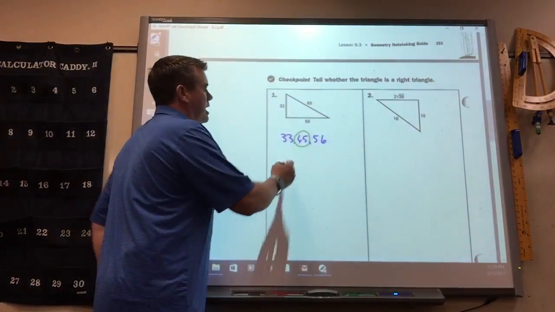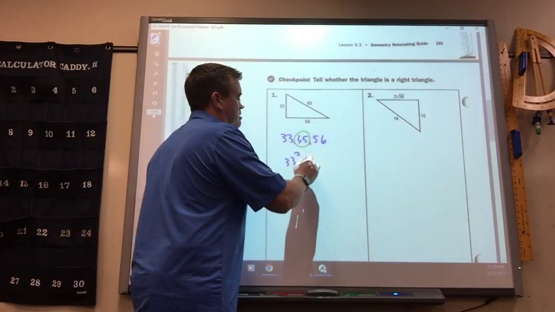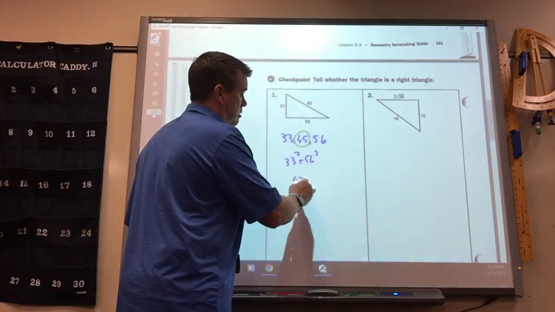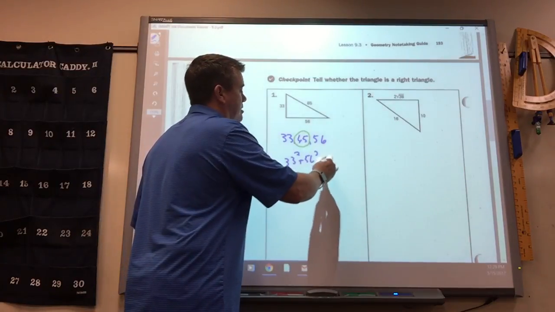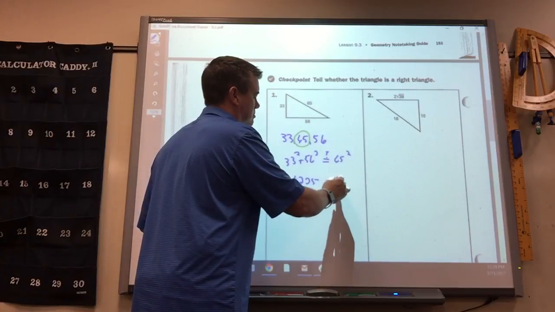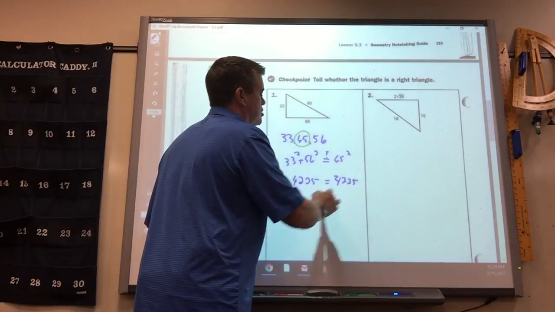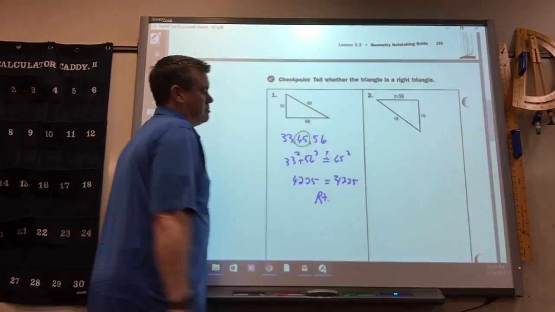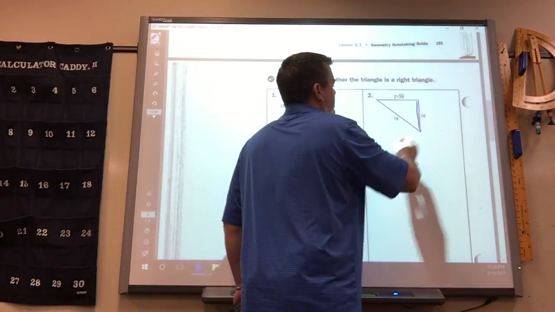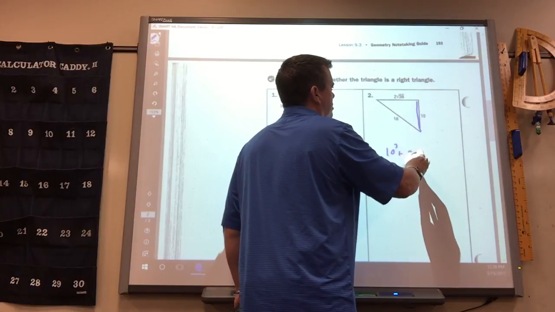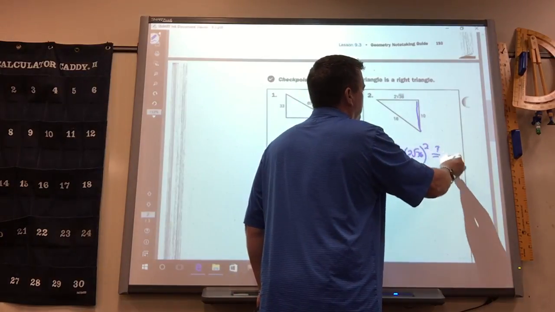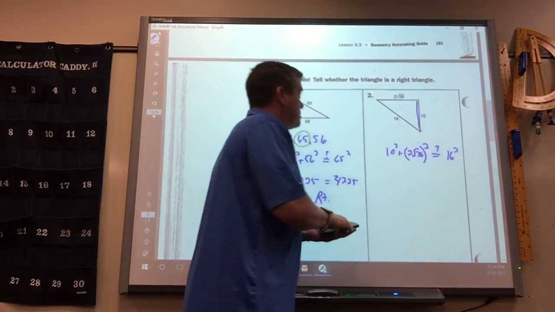So to check this, you'd have to go 33 squared plus 56 squared. 4225. And then c, does it equal 65 squared? Yes. So this is a right triangle. So on this one, 10 squared plus 2 squared of 38 squared compared to 16 squared.